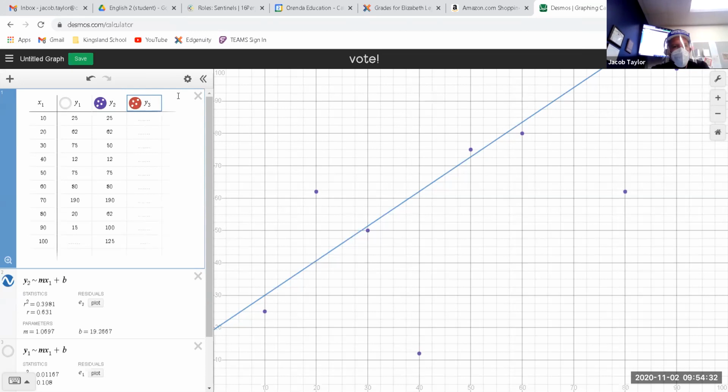And then finally, let me give you an example of a strong correlation.